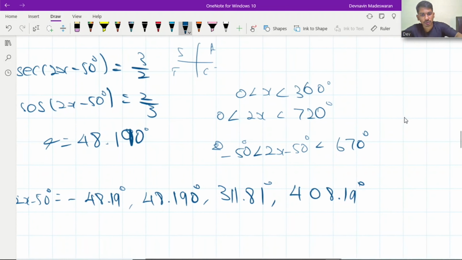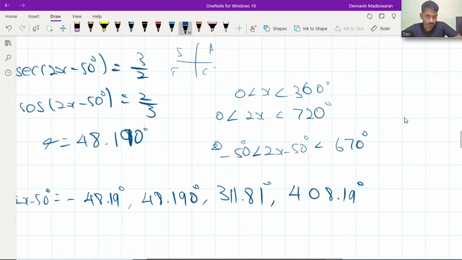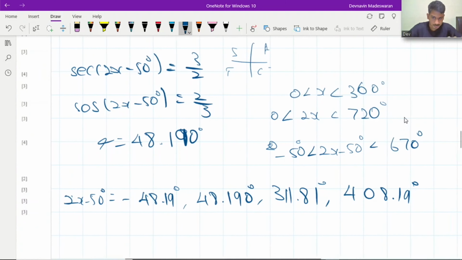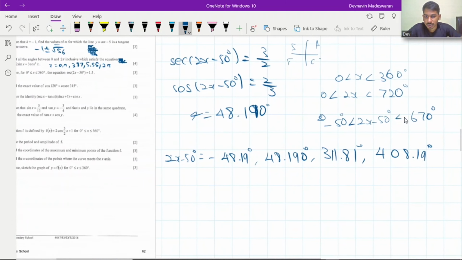Then I think that should be it, right? No, but 720 minus 48.19 is 671, so we can't go beyond that range. So we have 4 answers, which is reasonable. That's good. Now I need to change it back to x, right?